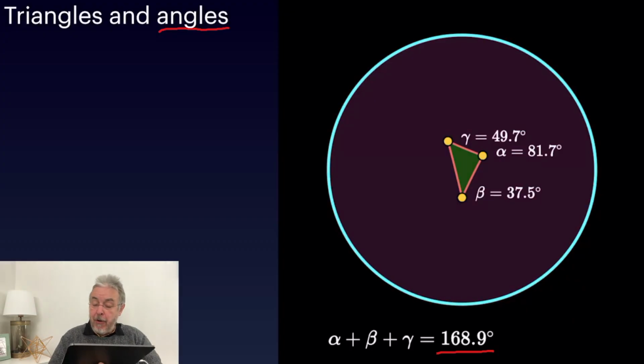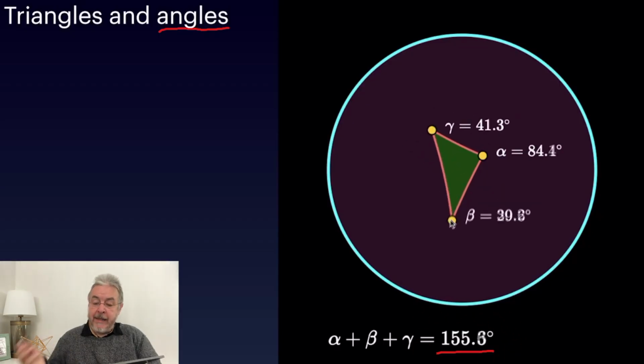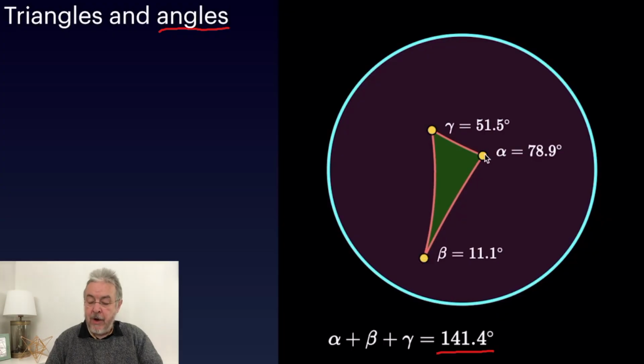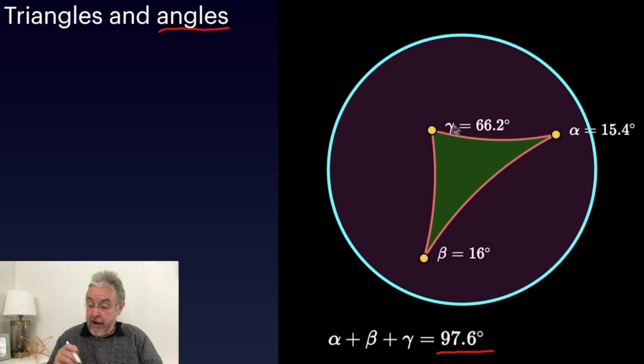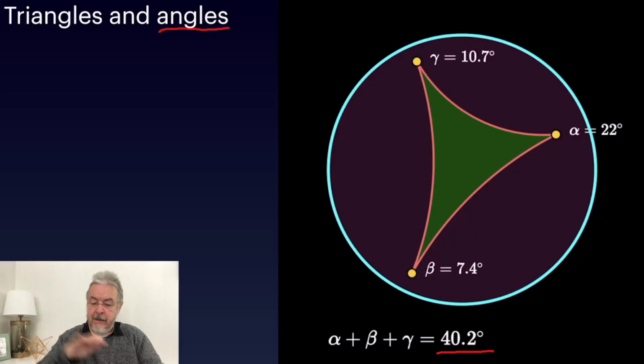So let me move the points around a little, and we'll watch this sum of the angles, and you will see that it's always lower than 180 degrees. So here I'm drawing a reasonably big triangle, so it occupies a big portion of space in the hyperbolic plane, and you see the bigger the triangle gets, the smaller the sum of the angles gets.